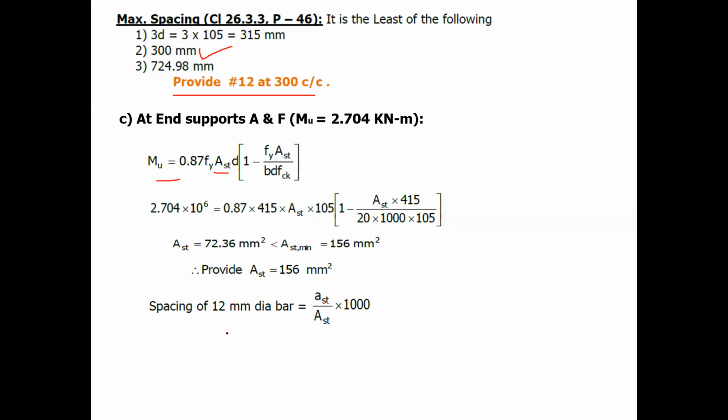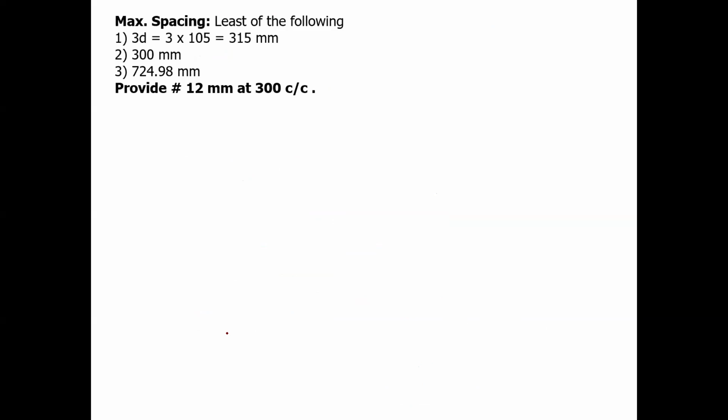Sir, 724.9. Okay, 724.98 mm. So again, you have to consider the condition, that is maximum spacing is the least of the following. So it is 3d, second one is 300, and third one is the spacing which you have calculated. So among these three, 300 is the minimum. So you have to consider 300 mm. Okay, take down. Therefore, provide 12 mm dia at 300 mm center to center.